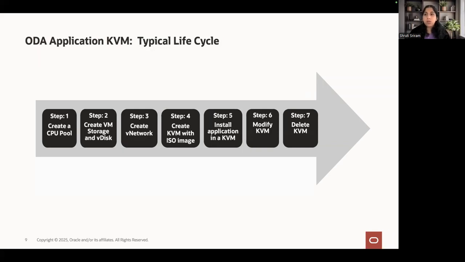In the demo, we've used the Linux OS 8 image. So whatever image you want to install, you can go ahead and install that on the app KVM. And then once this is done, you can modify the app KVM as you need and then delete it to end the life cycle if you're no longer using it, or you can start and stop the KVM as well.